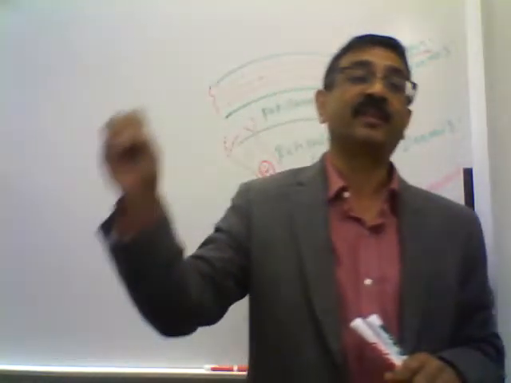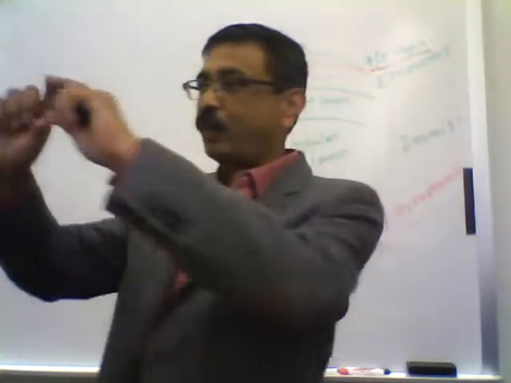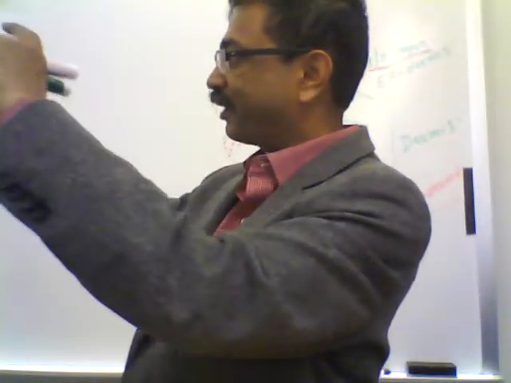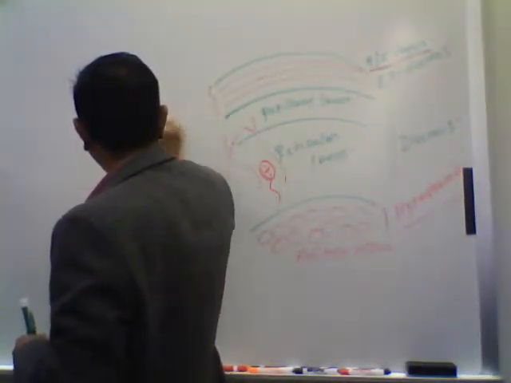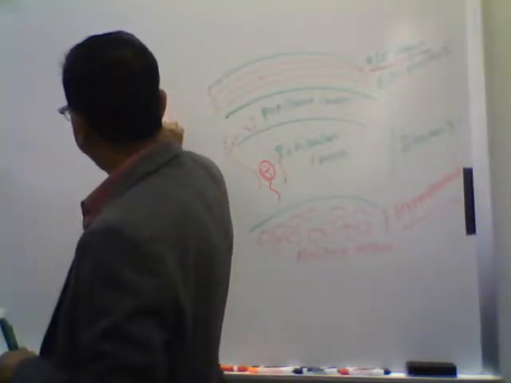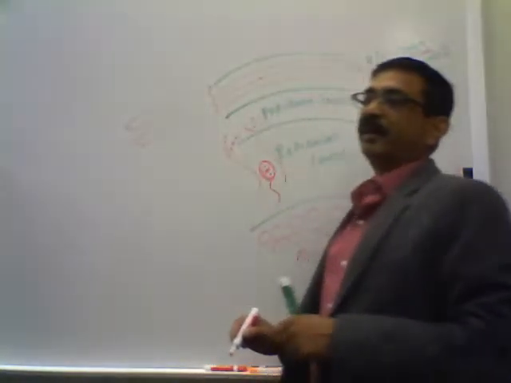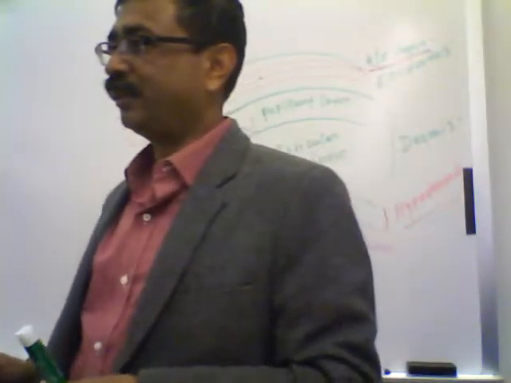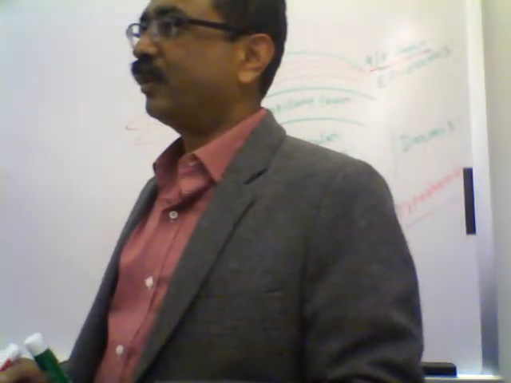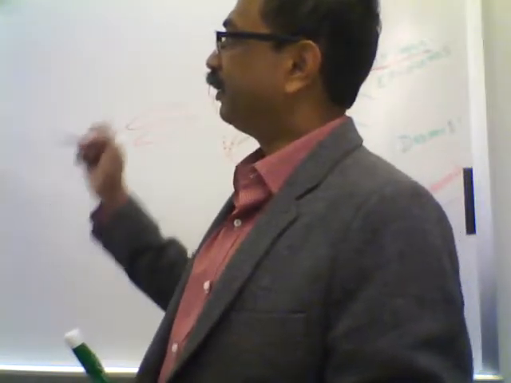Most of the cells are squamous type cells. You know, squamous means flat cells, right? So most of the cells of the epidermis are squamous type of cells, and many of those squamous cells are dead, not alive.